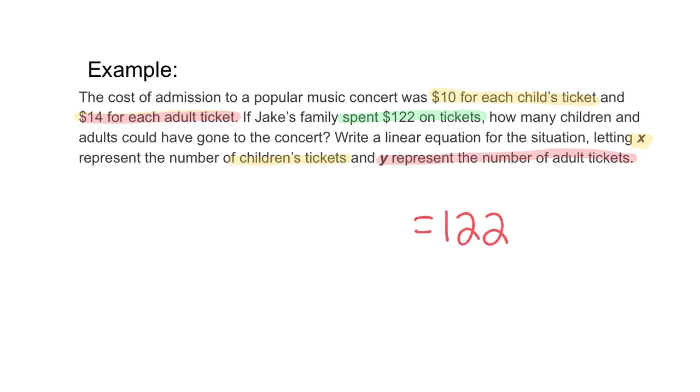And then this is going to be one of those situations where I've got to write this equation in standard form. And the reason I know I have to do that is because I have what we consider to be two rates. $10 for each child ticket, $14 for each adult ticket. I have two different rates. So I can do 10 per child plus 14 per adult to give us a total of $122.